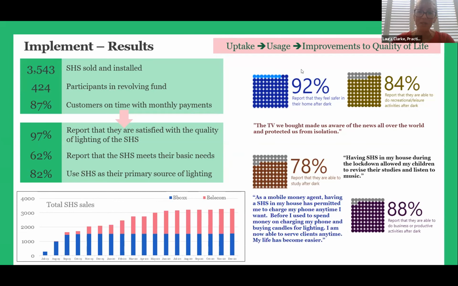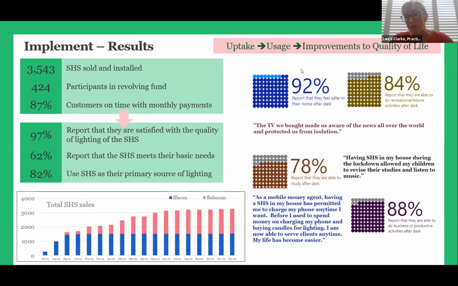And in terms of the outcomes and improvements to quality of life, again from our refugee feedback, we can also see that there are good perceptions of safety, and people report feeling safer in their home as a result of owning the solar home system. A good 84% are able to do recreational leisure activities after dark, and people are able to study in their households after dark. We've seen that's been particularly important during lockdown, where lessons were switched to radios and refugee children had to participate remotely in schooling.